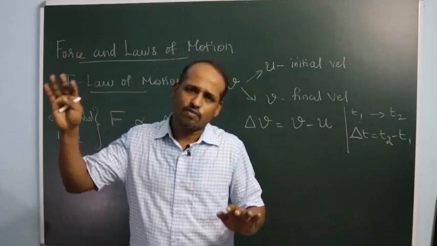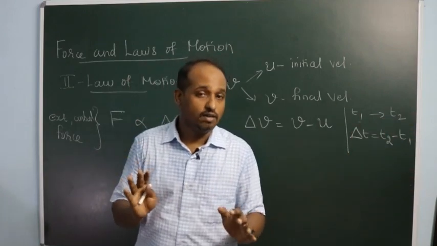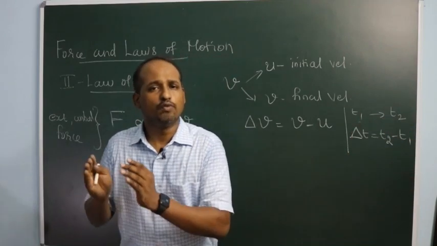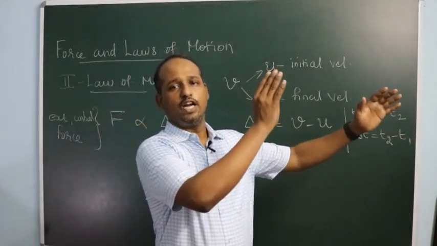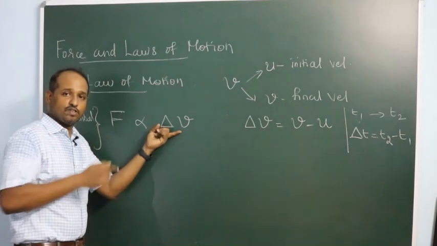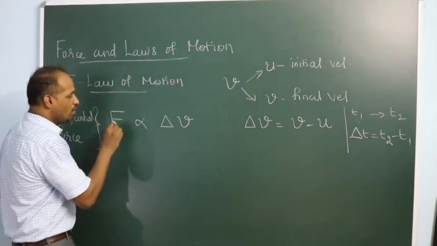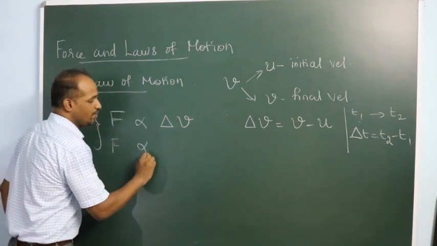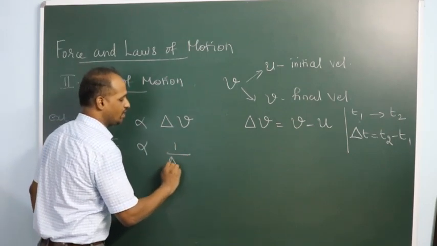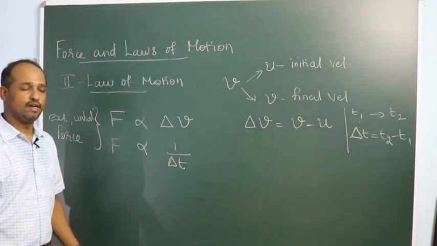If you have lots of time, let the velocity change slowly, then you need less force. So force is inversely proportional to the time interval within which you want to bring about the change in velocity.